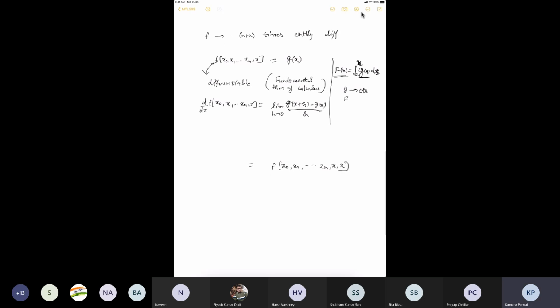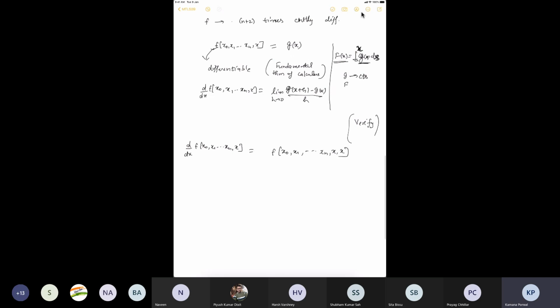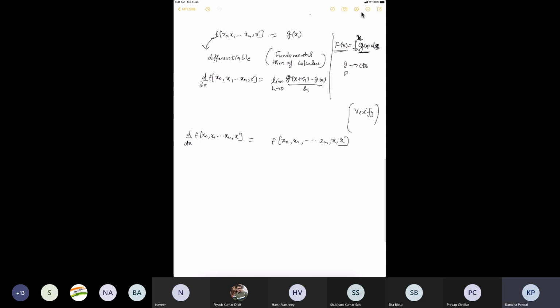So this is an exercise, verify. That is, if you differentiate this function, what you will get is another divided difference. So here you have increased one more argument, which is x here.